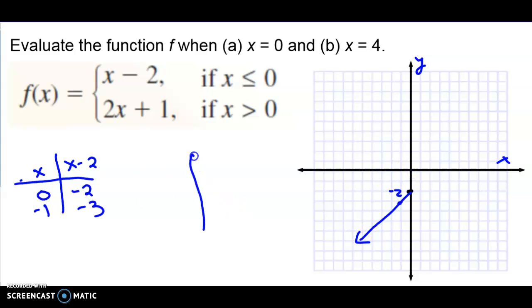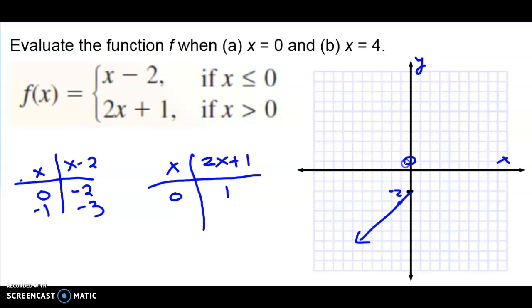For the other part, find x here, and then this is 2x plus 1. So when x is 0, 2 times 0 plus 1 is 1. So when x is 0, it's equal to 1, but we're not going to put a solid circle because it's not included in the domain, right?